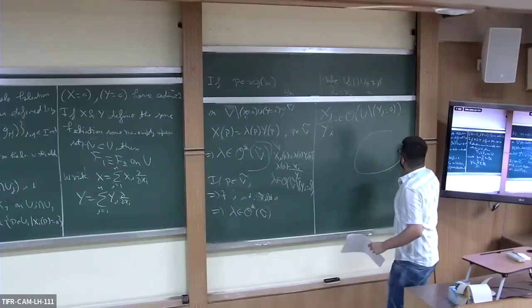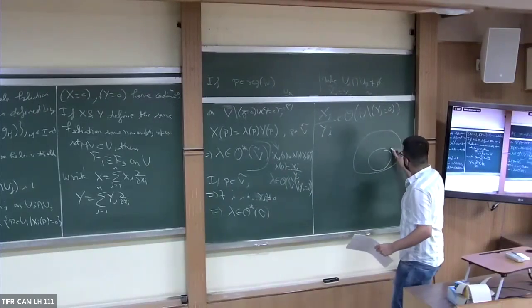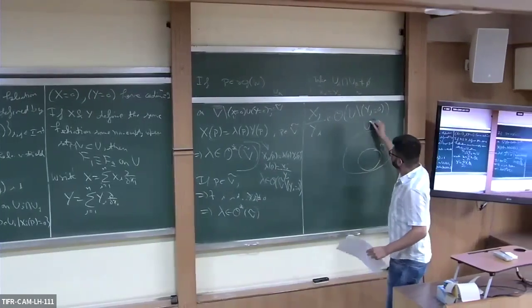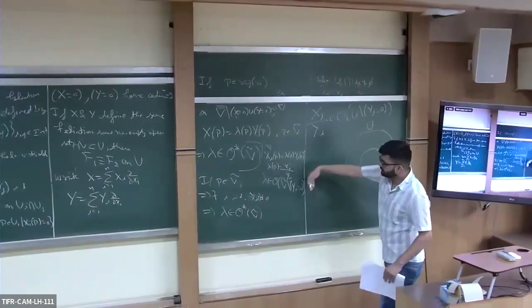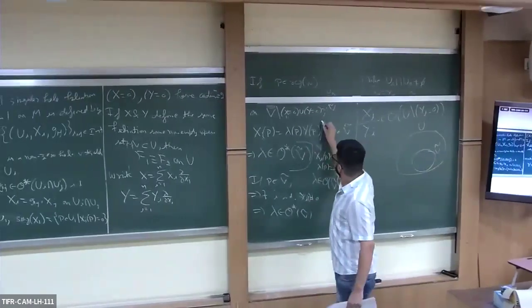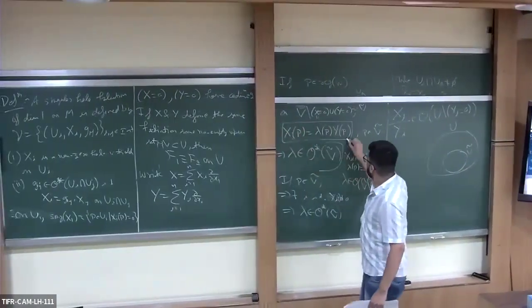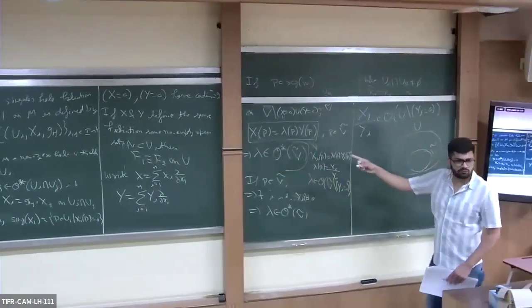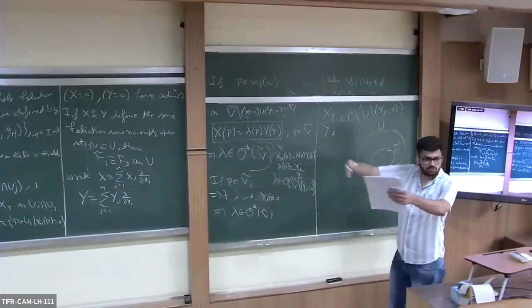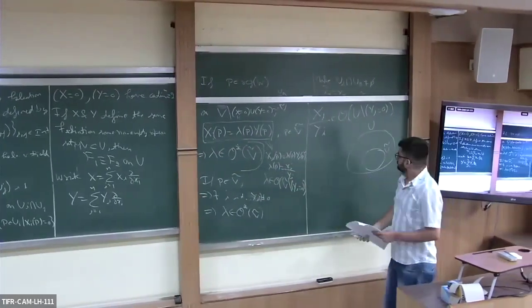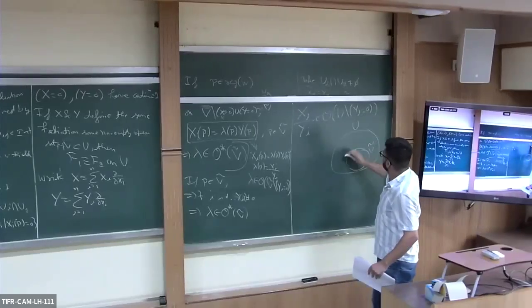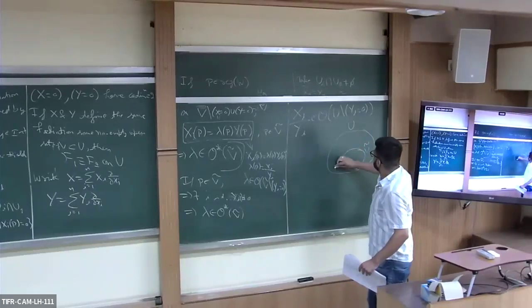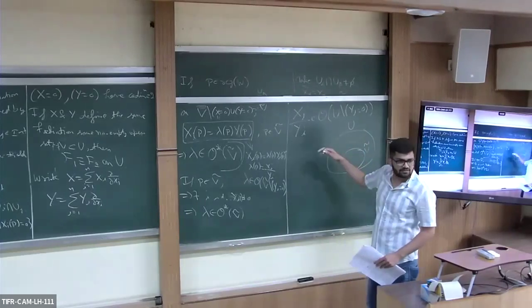So here's my picture. Here is V tilde and here is U. On V tilde, I showed that these two vector fields are related by a non-vanishing holomorphic function. We want to show this on the whole of U. But look at this set, U minus yi equals 0.